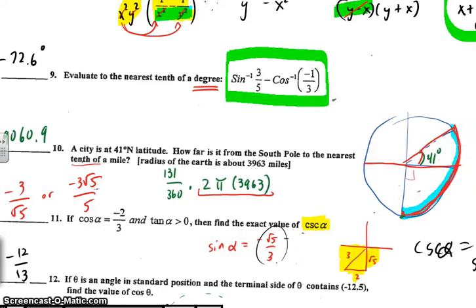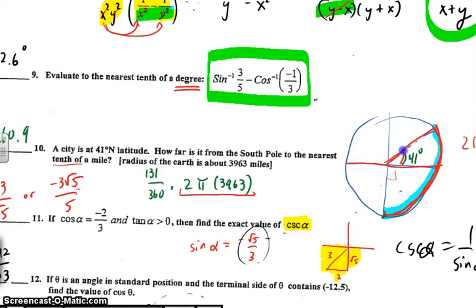City's at 41 degrees north latitude. Okay, 41 degrees north latitude. That's from the equator. And so this is where the city is right here. It says, how far is it to the South Pole? Okay, so the South Pole is down here, and we're talking about the distance, this arc length, along the surface of the Earth. All right?